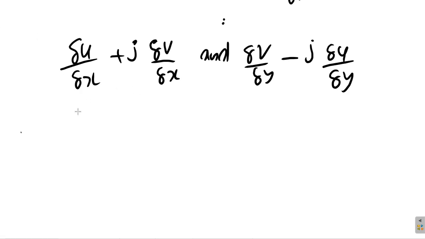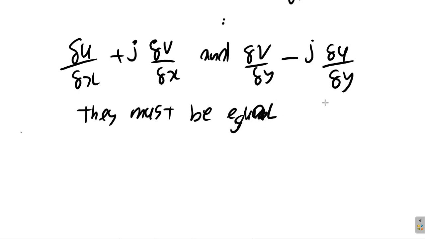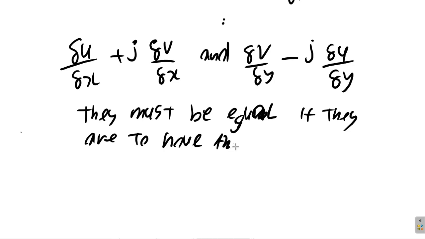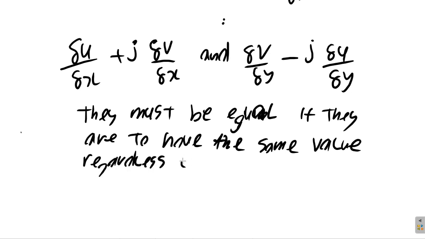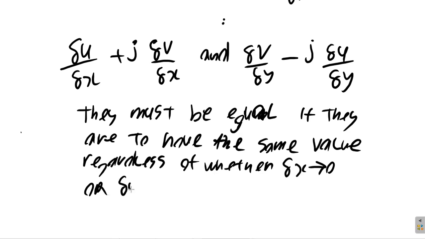So they must be equal if they are to have the same value regardless of whether change in x tends to 0 or change in y tends to 0 first.